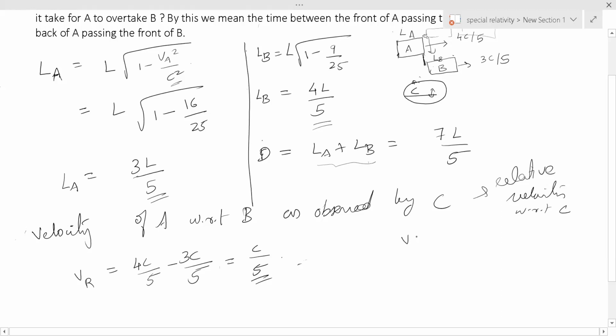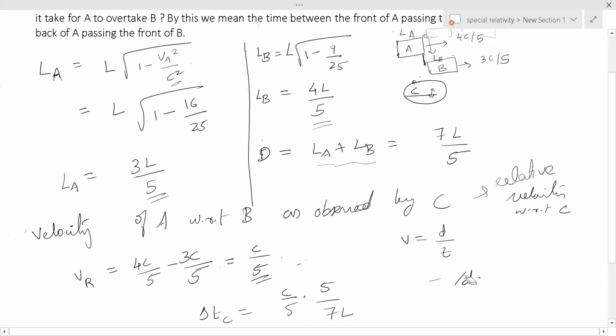So velocity is equal to distance by time, so time is equal to distance by velocity. Let's write the time taken as delta T as observed by C. Sorry, it's distance by velocity.